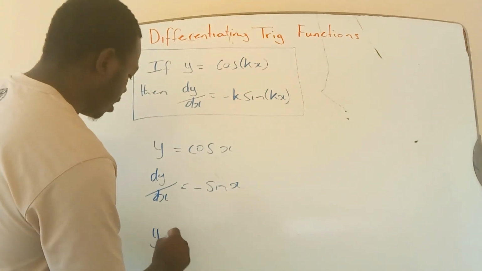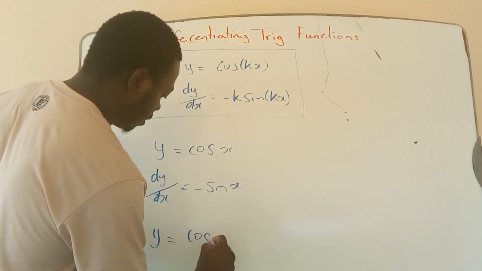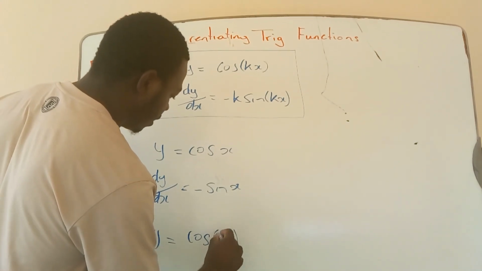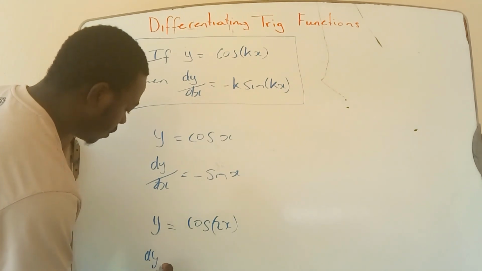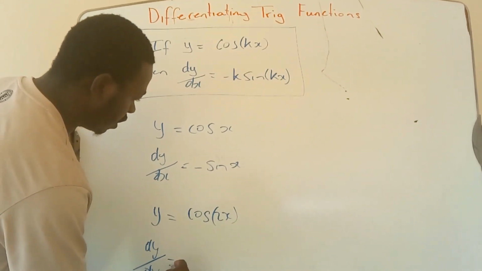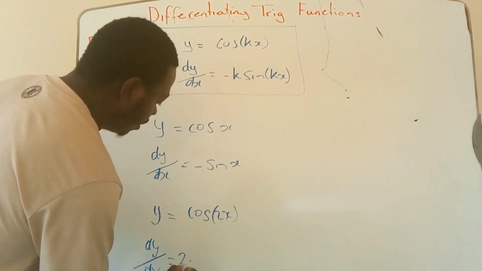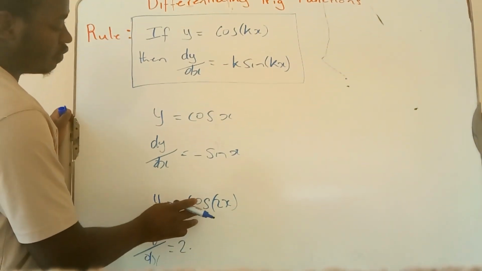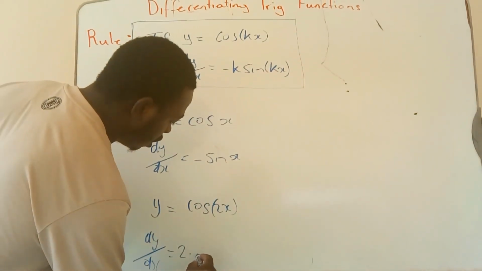Let's say you have y is equal to cos 2x, right? You are asked to differentiate this. Then dy by dx is equal to, you differentiate 2x, that gives you 2. Take that 2 to multiply the differential of cos 2x. So if you differentiate cos 2x, that gives you minus sine.